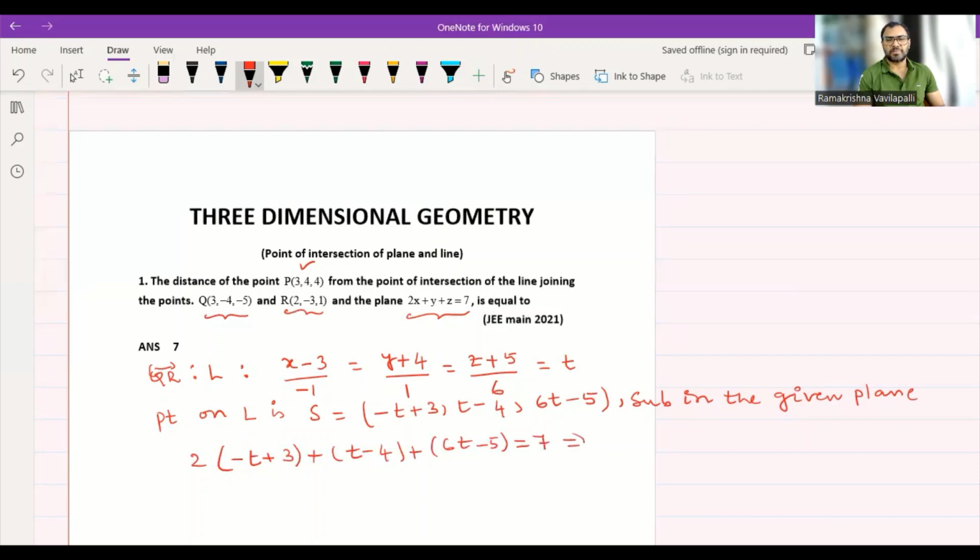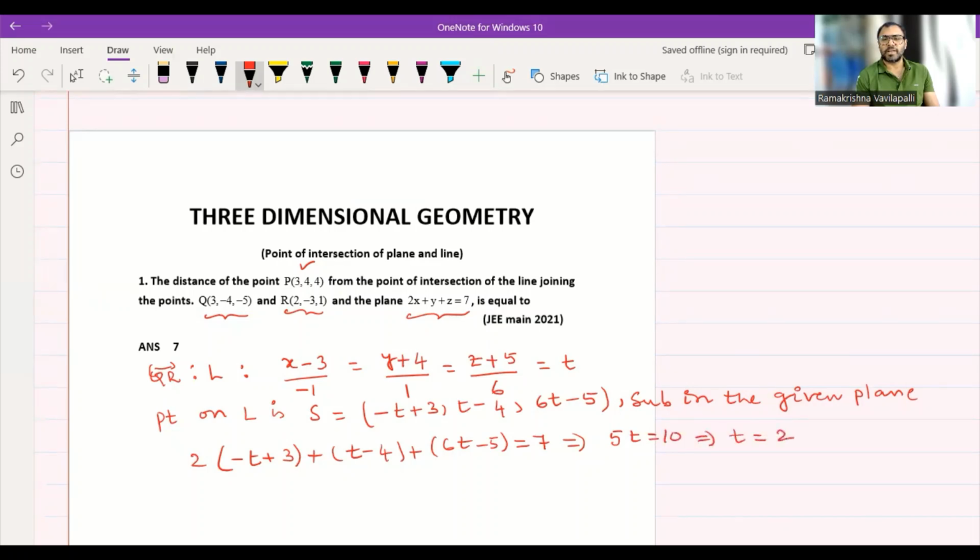This implies this is minus 2t and this is 7t, totally 5t. This is 6 minus 4 plus 2 and this is minus 5, so minus 3. Sending that side, you will get 10. This implies t equal to 2.